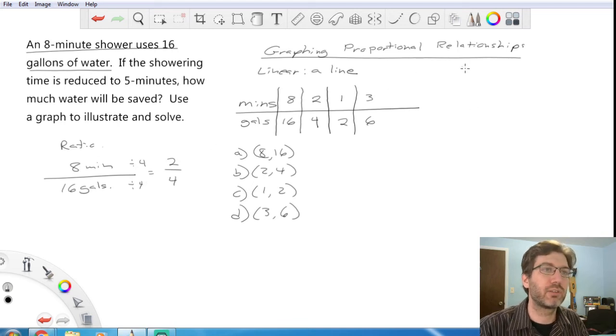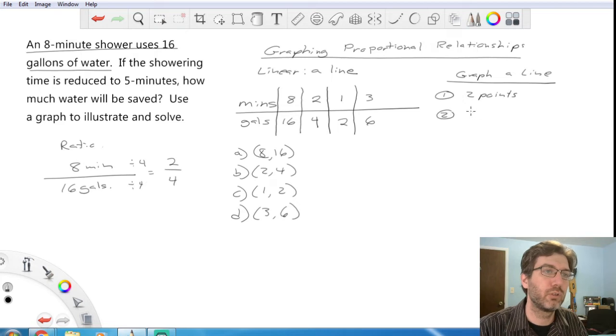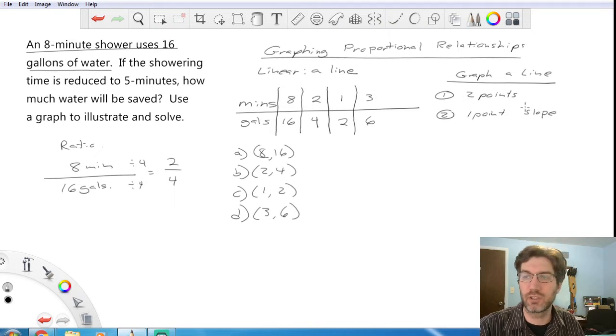Just for your reference, you will hear this a lot: to graph a line, you need to meet one of 2 criteria. 1, you need 2 points. Or 2, you need 1 point and its slope. Once you have this information, you can graph a line.